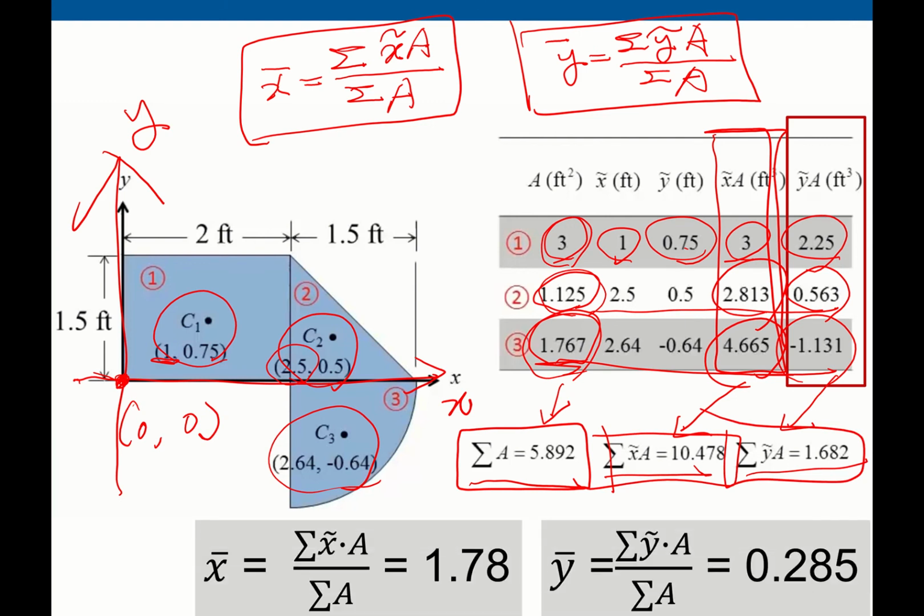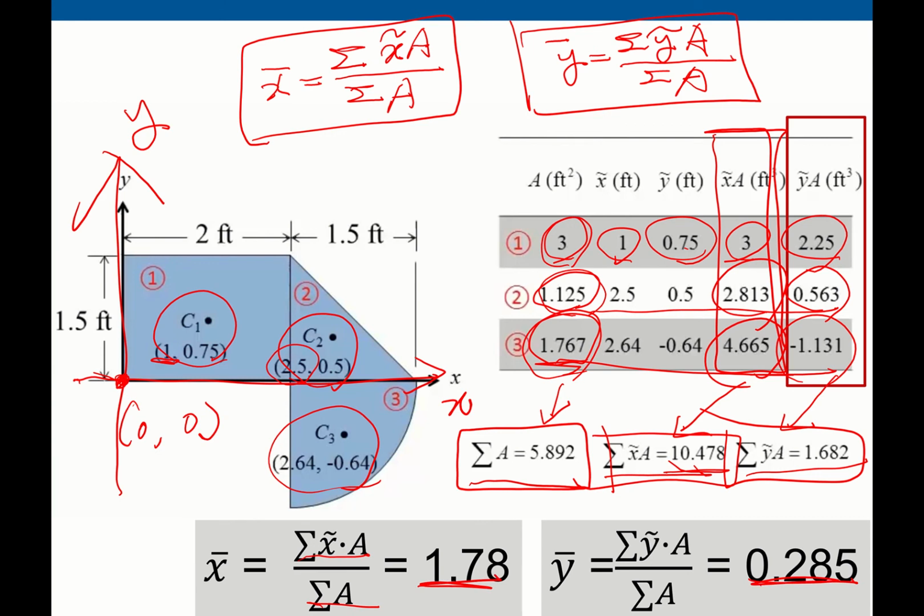Okay, so x bar is sigma x tilde times A, that is 10.478 over sigma A, which is 5.892. So the answer for the centroid for the horizontal x is 1.78. For the vertical, y bar is 0.285.